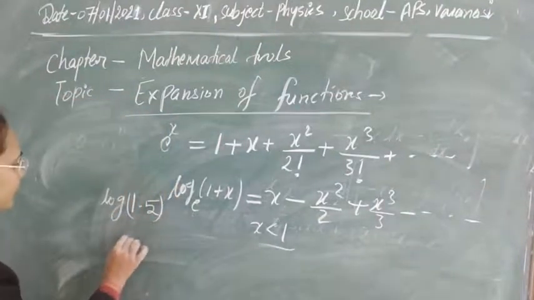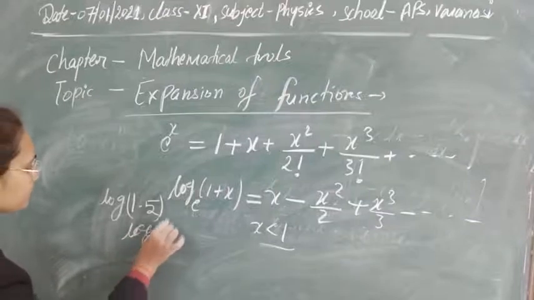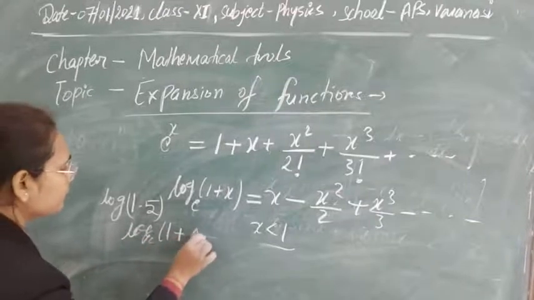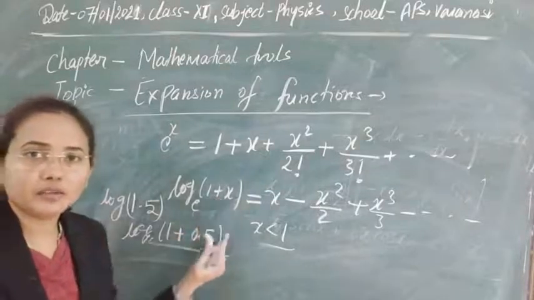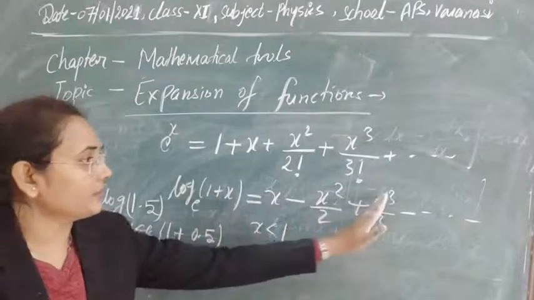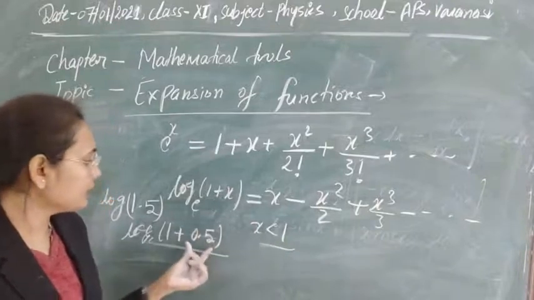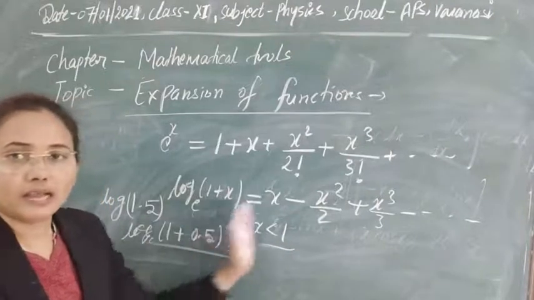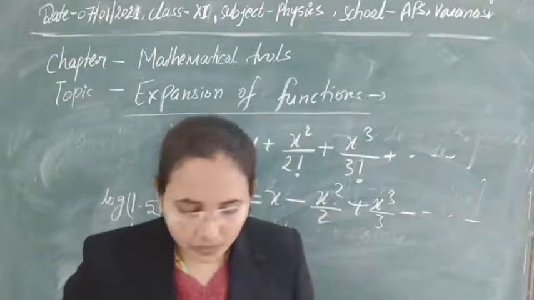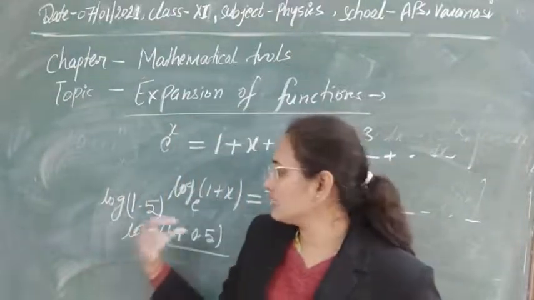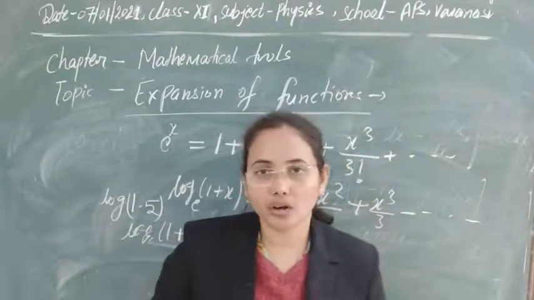In that case you can write log 1 plus 0.5. So in place of x you can put 0.5, and after that you can apply this formula. As you are seeing that this is less than 1, you can apply this formula easily to expand it. So I think the expansion of the series for exponential and log is clear.